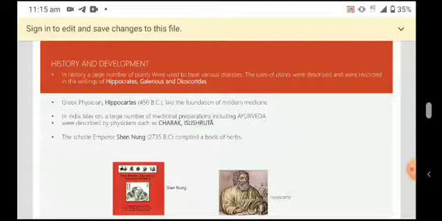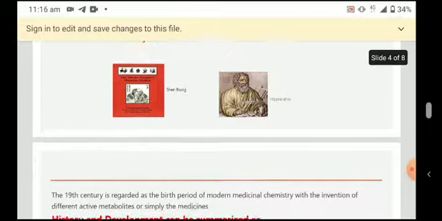These medicinal preparations were compiled in the book of Ayurveda, which is described by the physicians Charak and Sushruta. And Shenag was also one of the scientists who compiled a book of herbs. As I show here, the book of Shenag.